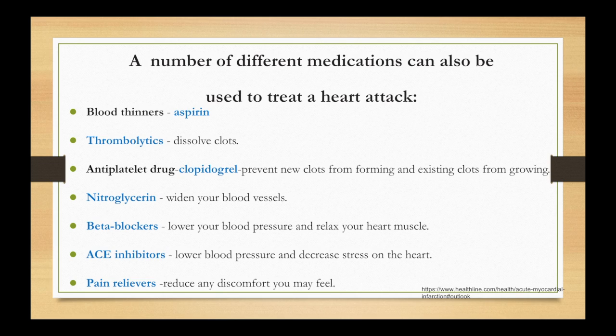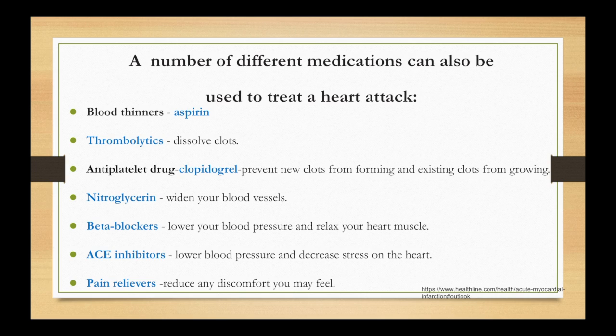First of all, we have to make sure there is enough oxygen supply for the myocardium. Thus, there are drugs such as aspirin, nitroglycerin, beta blockers, and ACE inhibitors, ensuring blood flow by either widening the blood vessels or lowering blood pressure.